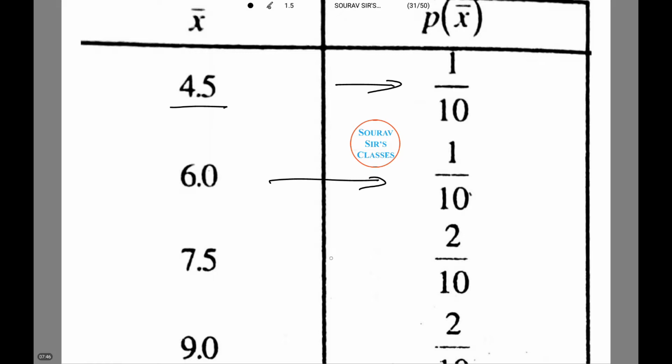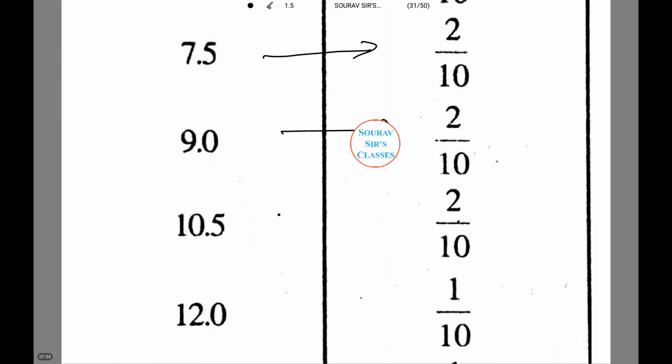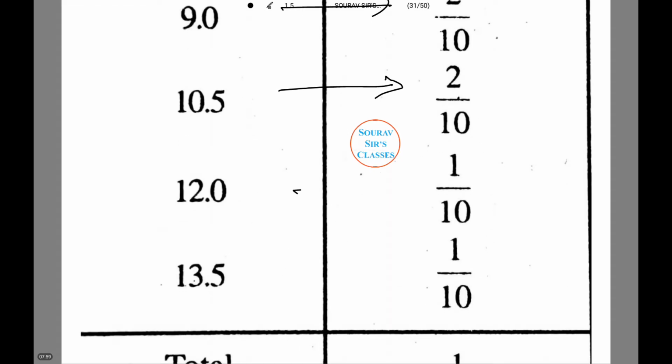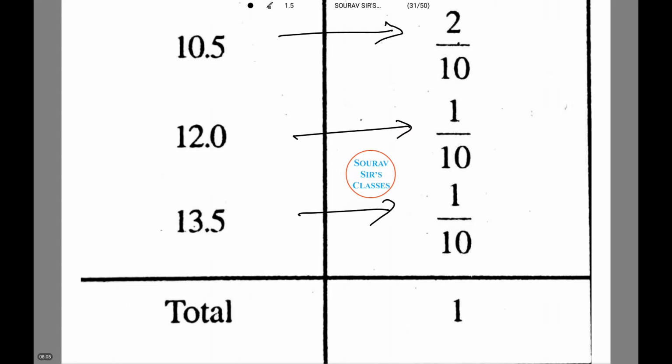We saw there are two possibilities for 7.5, so 2 by 10. Similarly, for 9, 2 by 10. Even for 10.5, it is 2 by 10. For 12, it's 1 by 10, and 13.5, 1 by 10. And upon addition, we find that the total is 10 by 10 or equal to 1. Thus, the distribution is absolutely correct.